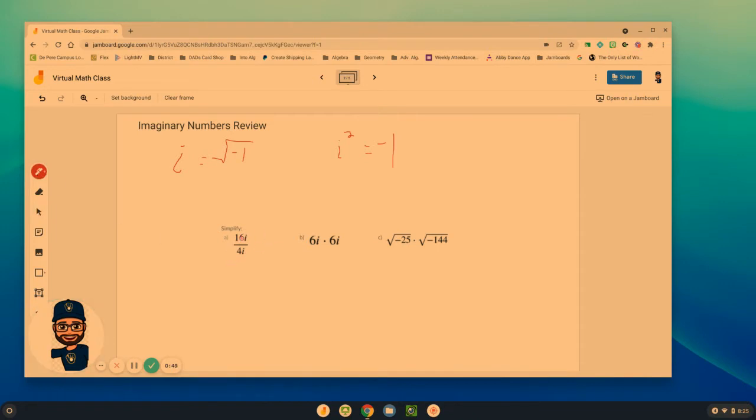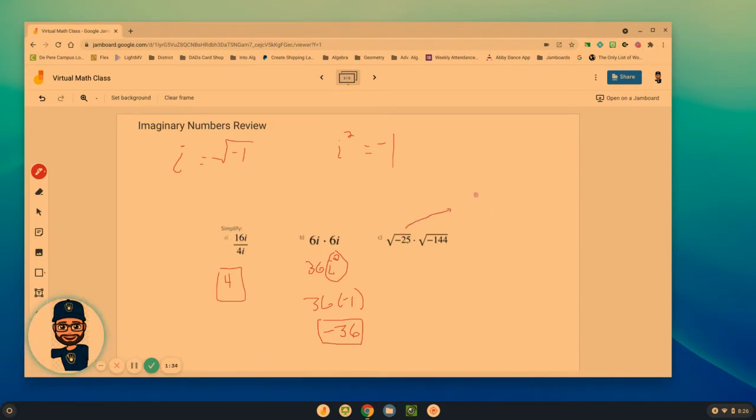If we look at the first one, 16i over 4i, 16 over 4 is really 4, but an i over an i eliminates, and so we're left with 4. 6i times 6i, if we write that out, imagining that it is a variable, we get 36i squared, but remember that we can replace i squared with -1, meaning 36 times -1 is -36.